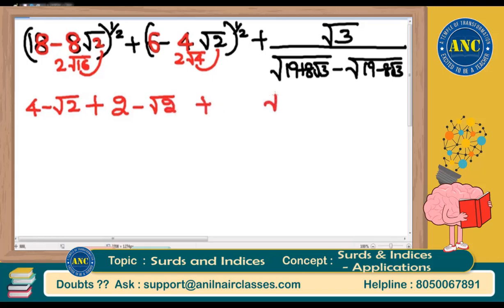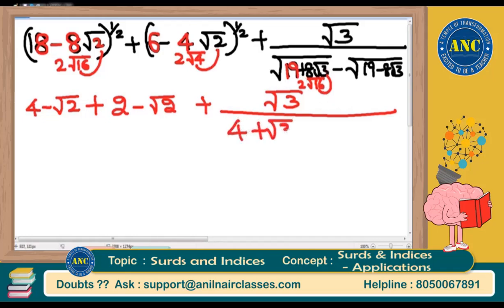And the last term, it is root 3 divided by: 8 is nothing but 2 into 4. 4 is root 16. 16 plus 3 is 19. Again direct answer is root 16 plus root 3, which is 4 plus root 3, minus, for this it will be 4 minus root 3, or it will be minus 4 plus root 3. Minus 4 plus 4 cancels. Minus root 2, minus root 2 will not cancel here, sir, because both are of the same sign.